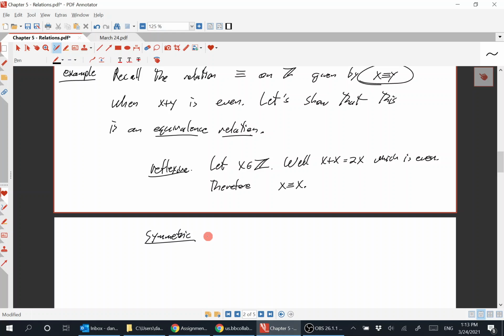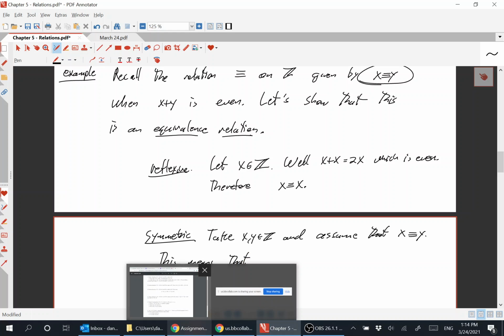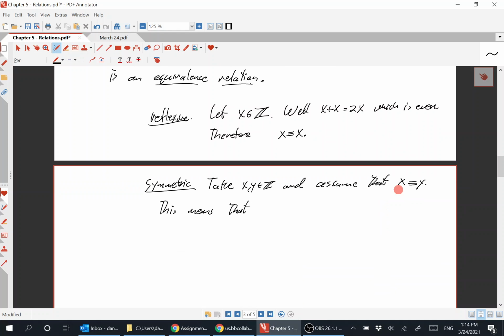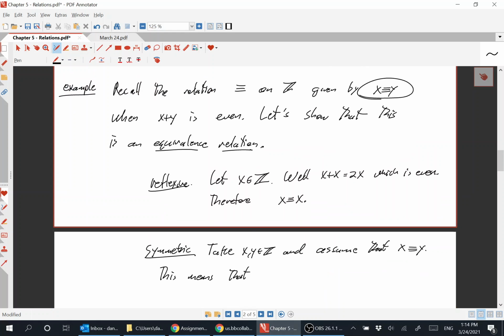Take x and y in Z and assume that x is related to y. If we assume that, what does it mean in this example? x plus y is even.